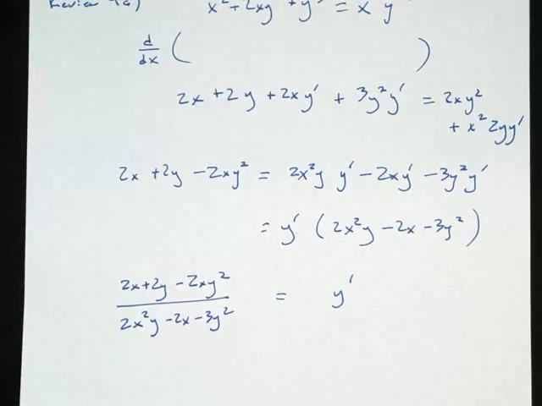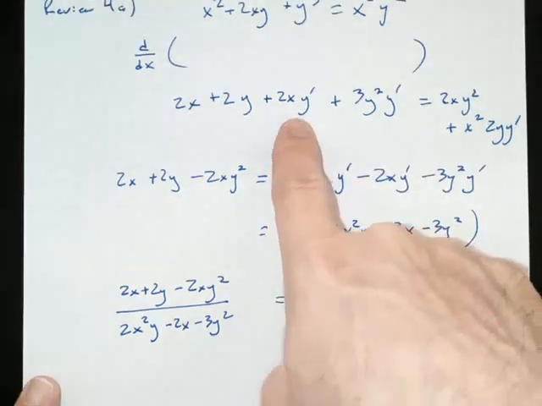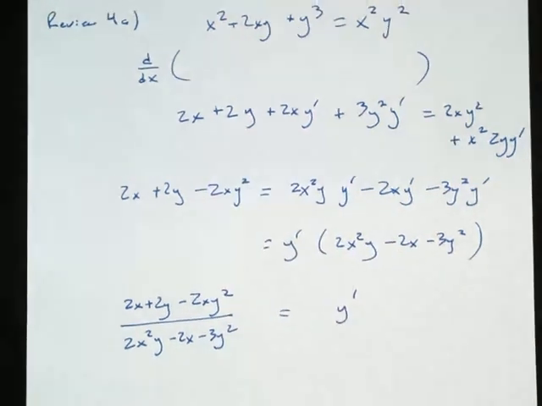Ta-da! It's both. Because every time I do the derivative of the y part, I need the chain rule. But when I do the derivative of just the x part, I only need the product rule part.